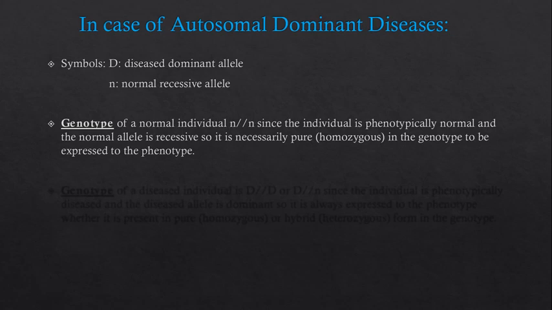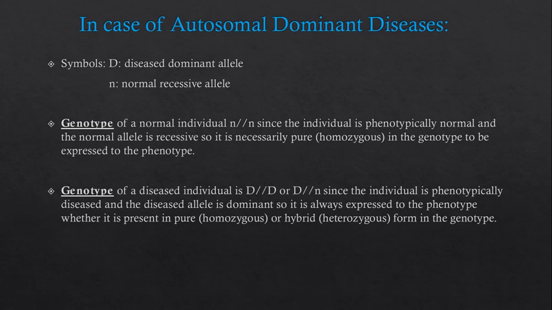Or else, if this recessive allele is present with the dominant allele, the dominant allele is going to mask it. So the only way for a recessive allele to be expressed in the phenotype is to be present in the pure form in the genotype.